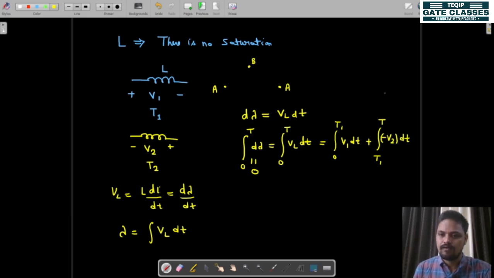And what is this capital T? T1 plus T2 is equal to capital T, and this value is going to be 0. So, since V1 and V2 are constant values, if you solve this integration, it is going to be V1 T1 minus V2 T2 is equal to 0.